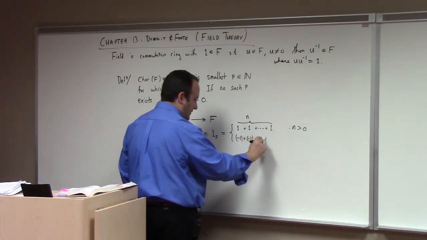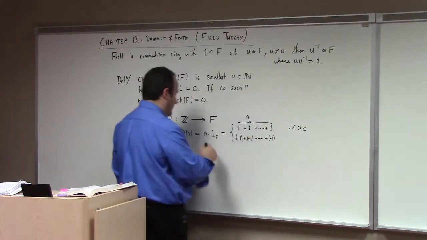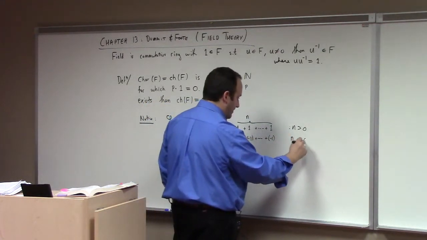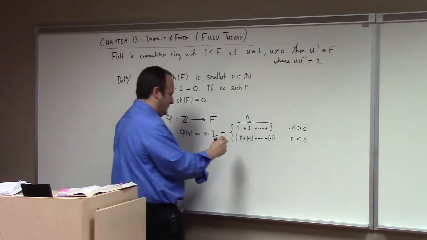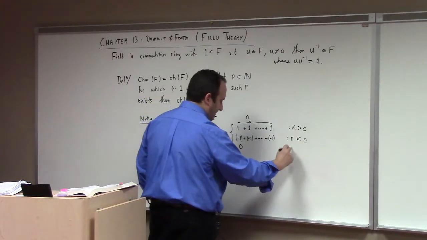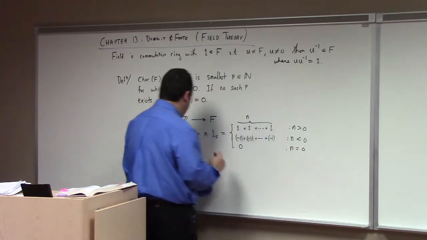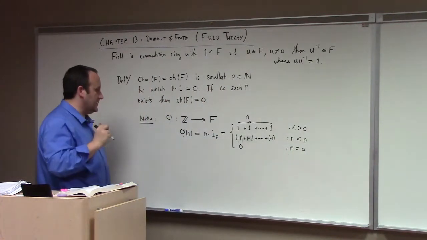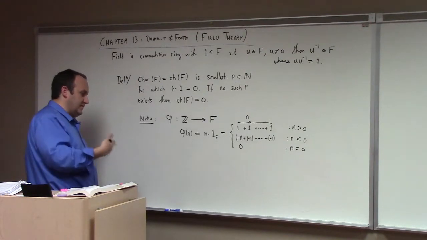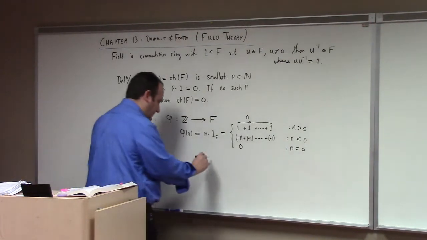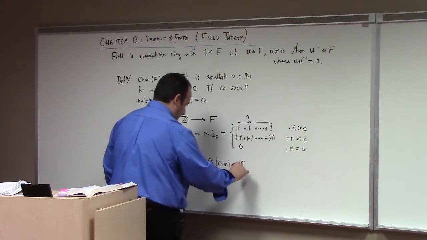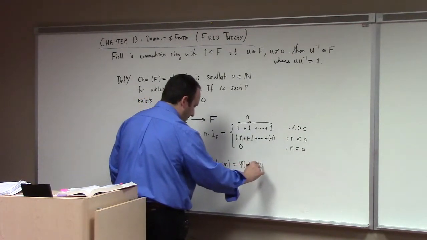This defines n times 1, right? Of course, the other case would be what? Yeah, 0 if n equals 0. Anyway, the point is, by the laws of arithmetic, we know that phi of n plus m is phi of n plus phi of m, right?